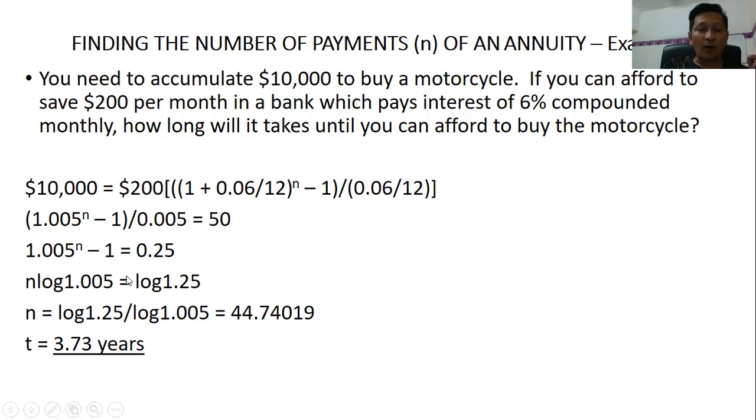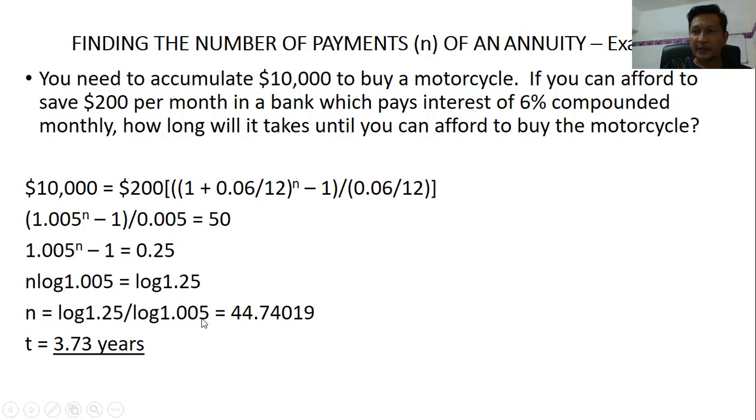Then you log both the left and the right-hand side. By logging it, n comes down to become n log 1.005 equals log 1.25, and leaving n alone in the left-hand side, it becomes n equals log 1.25 divided by log 1.005.